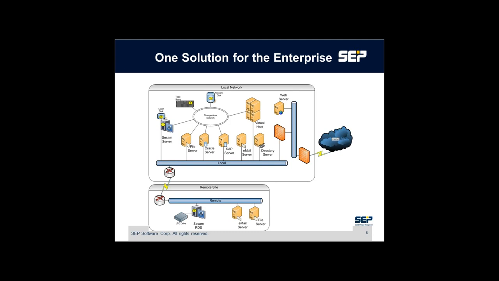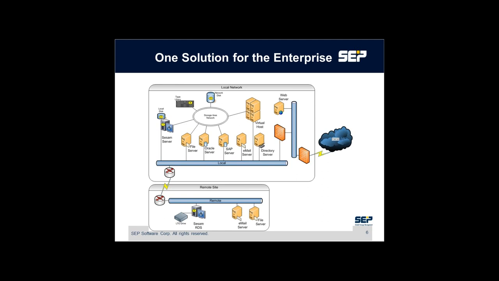So we can back up all of the other servers that are connected directly to that SAN as well. We have a virtual environment running virtual machines, so whether that's Citrix, Hyper-V, or VMware, we can communicate directly with their APIs and use agentless technology to back those up.